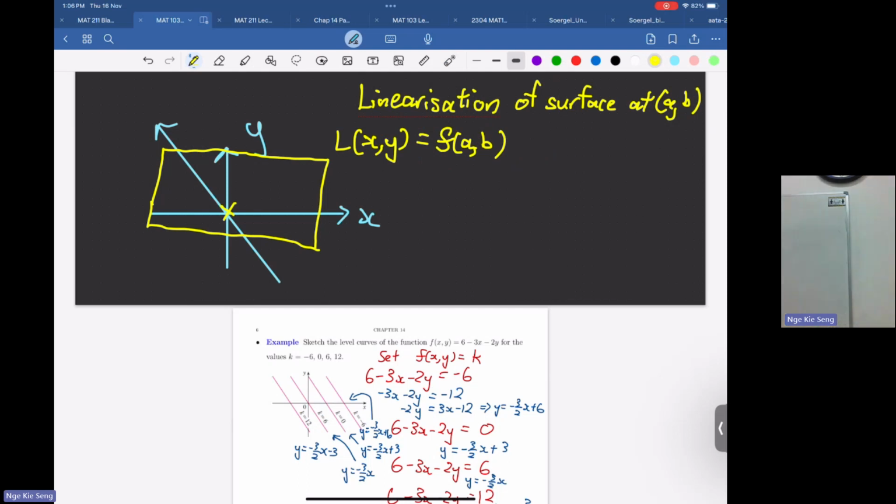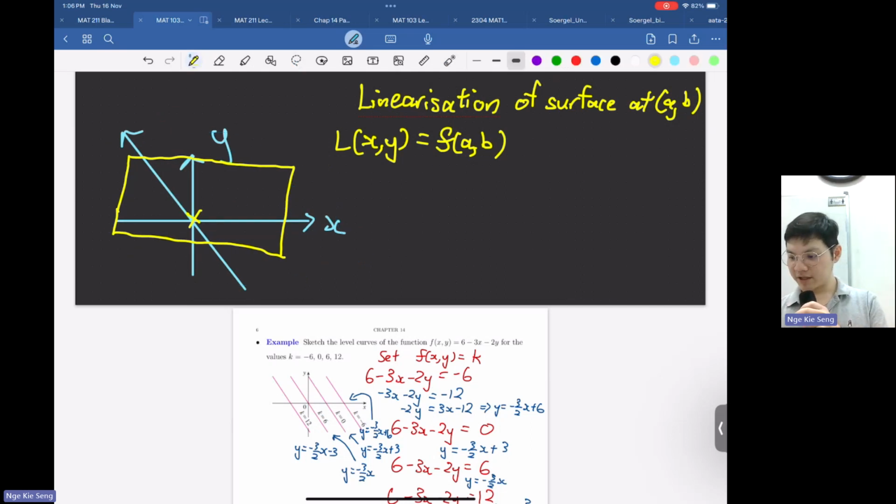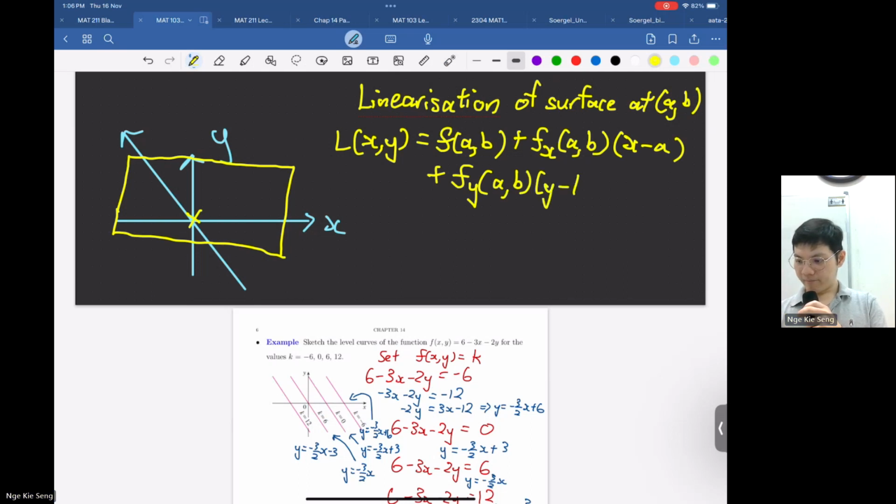In the second variable, you also differentiate once, so you have two directions. You partially differentiate with respect to x, f_x shifted by x, plus f_y shifted by y. So this is the linearization or the tangent plane at that point. Let's say this point is (0, 0).